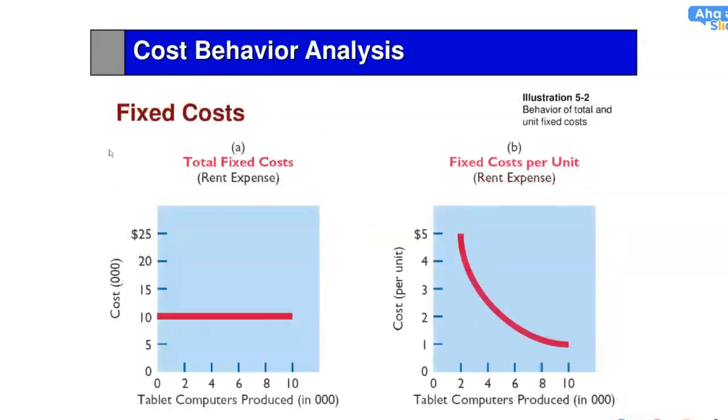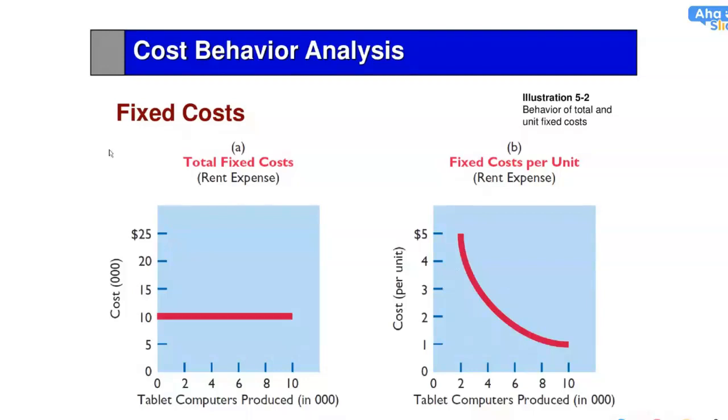When you look at the graph for fixed cost, on the left-hand side, the total graph shows that fixed cost is constant. On the right, it shows that fixed cost per unit changes inversely to the level of production. The more the level of production, the less the unit cost.